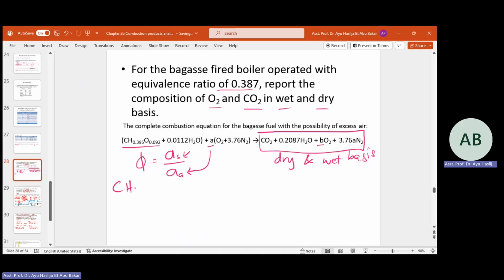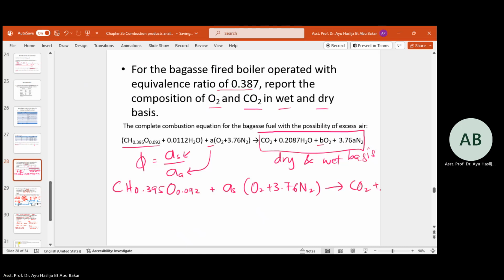So ini is our fuel. So start using the fuel, build up A stoic.